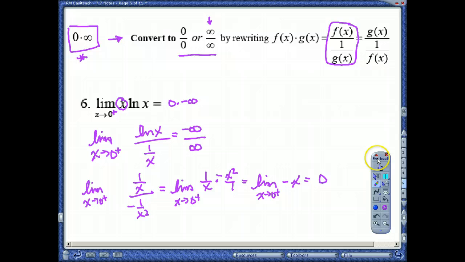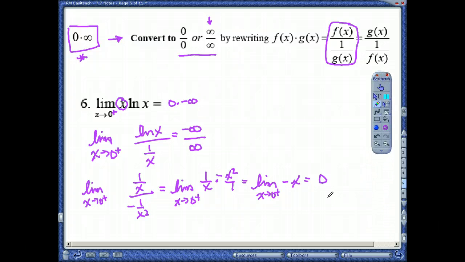Please do not put negative 0. Oh my goodness, that would be so embarrassing. Therefore, if this is what the limit equals here, then this is what the regular limit equals by L'Hopital's. So you might want to put by L'Hopital's, x natural log of x equals 0.